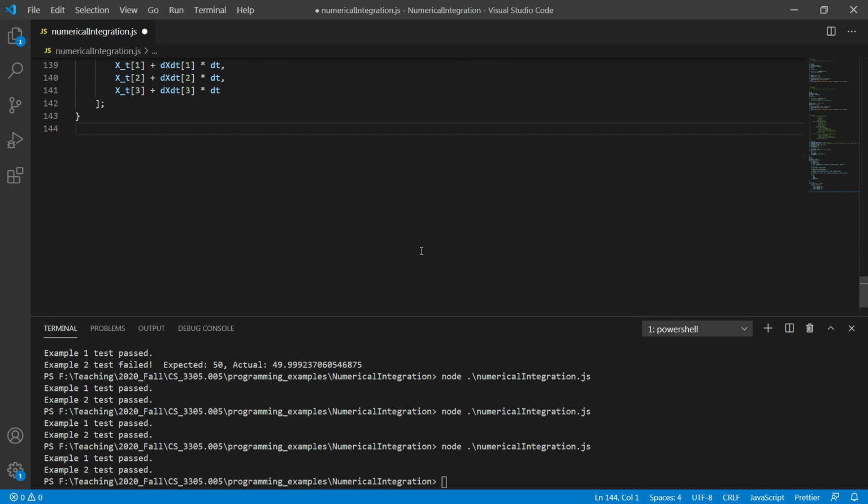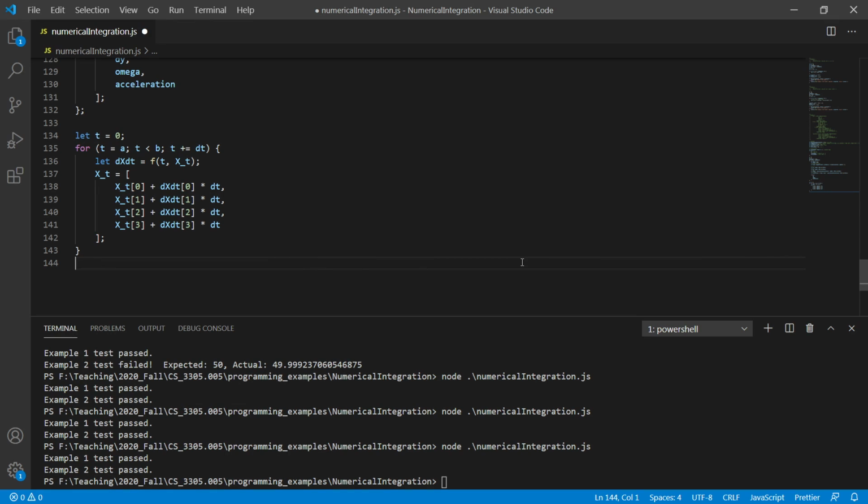Okay, so now we have that. We can compute it. And so we can say after b minus a units of time, and right now we have it as 1 second, we can write out the position of our cannonball, our 15 kilogram projectile.